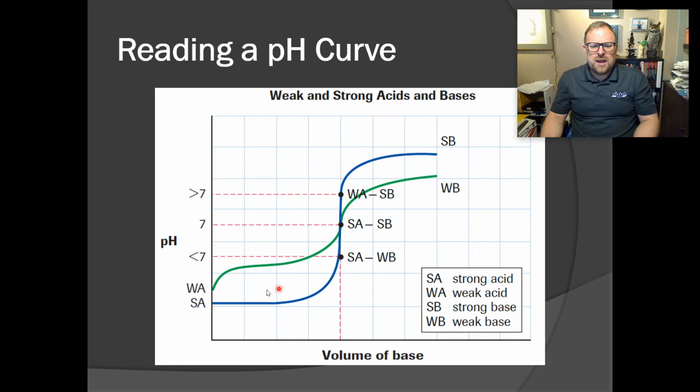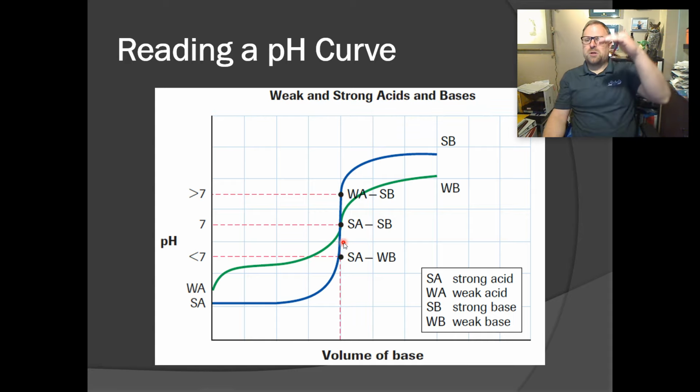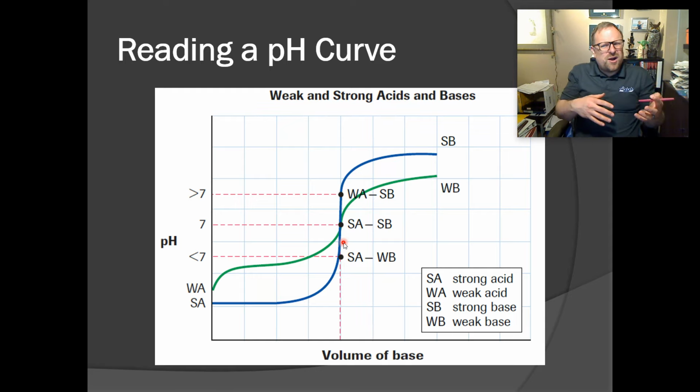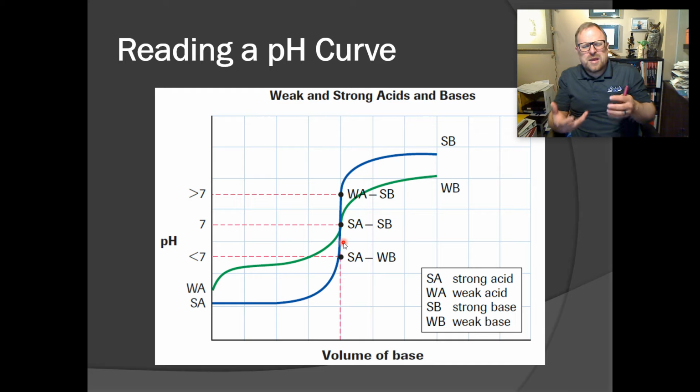If we did a strong acid with a weak base, we would continue along this line normally, but it would start to curve up in this direction. So our vertical section is here, and we end up with our equivalence point being below pH 7. That means basically that the strong acid is overruling the weak base.